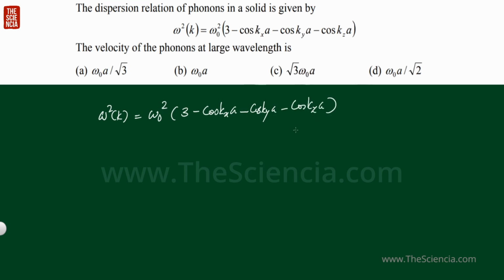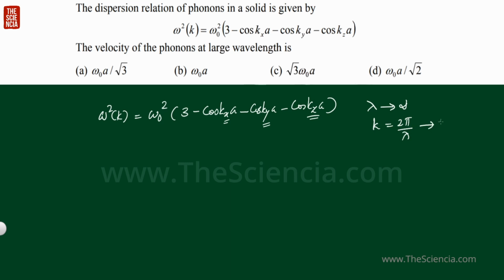And they're asked to find out the velocity of phonons at large wavelength. See, lambda is large, that is it is tending to infinite value. So what will be the k value? We know k is equal to 2 pi by lambda. So when lambda tends to infinity, what happens?